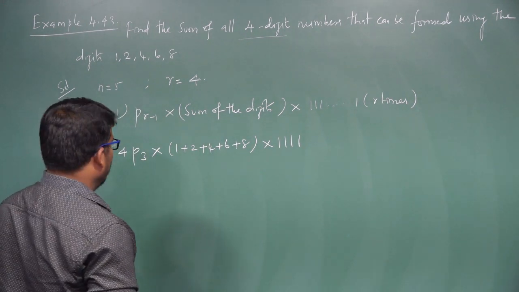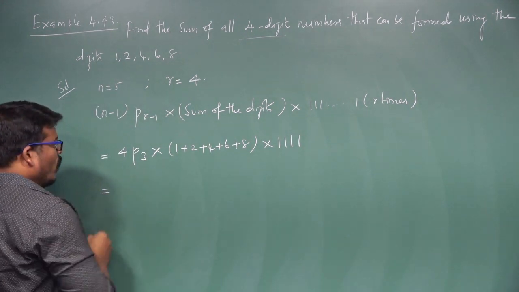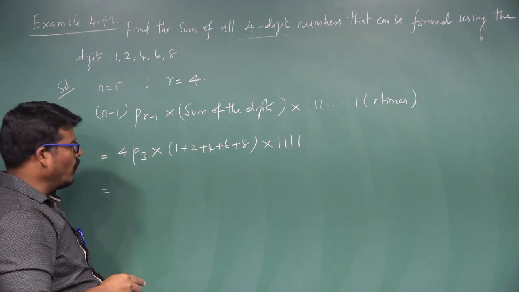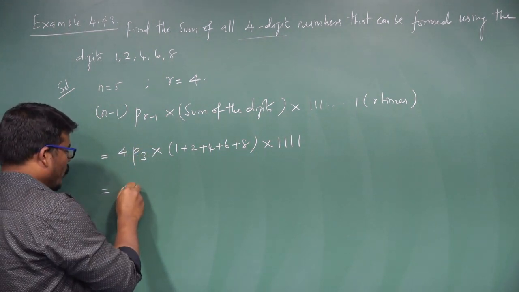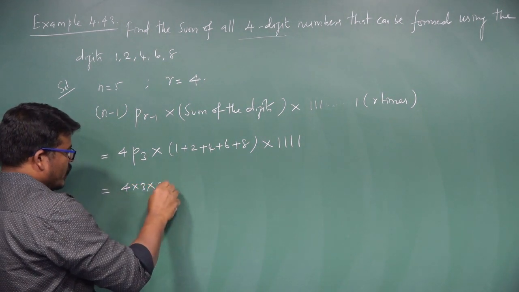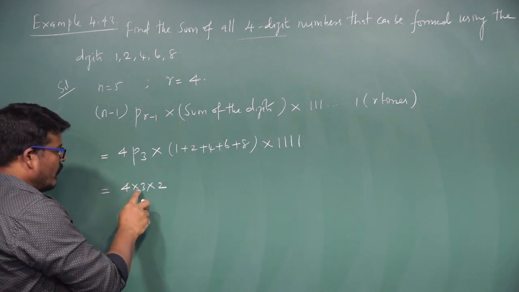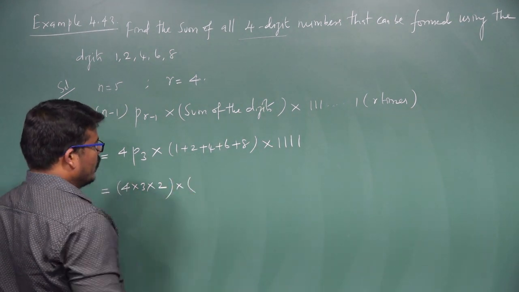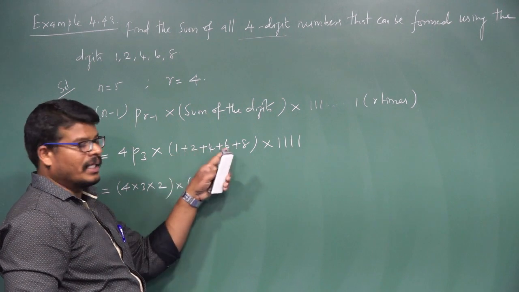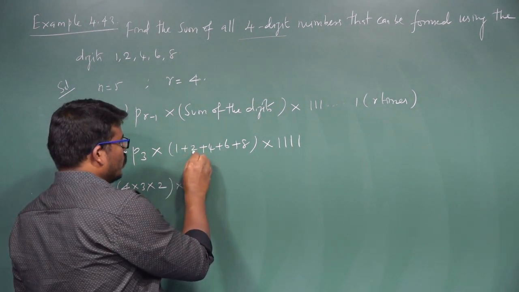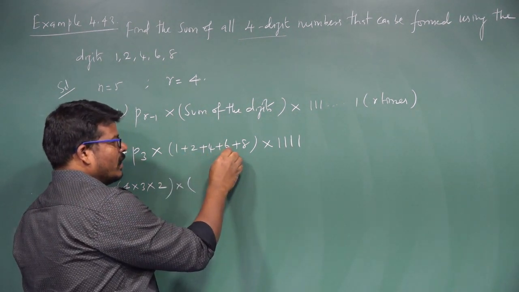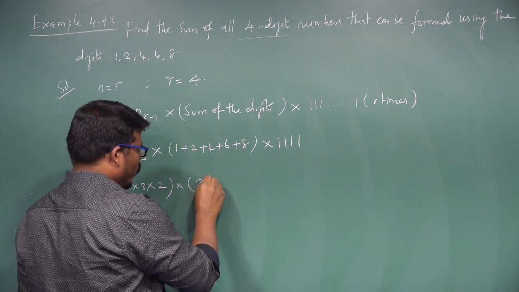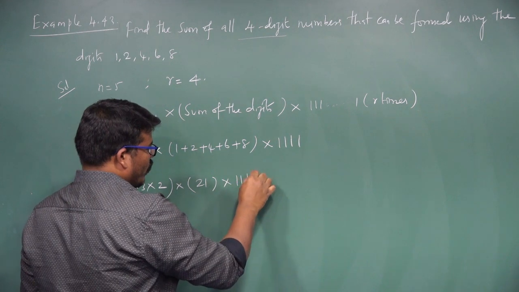Now the expansion of 4P3 is 4 into 3 into 2. The sum of the digits: 1 plus 2 is 3, 3 plus 4 is 7, 7 plus 6 is 13, 13 plus 8 is 21, into 1, 1, 1, 1.